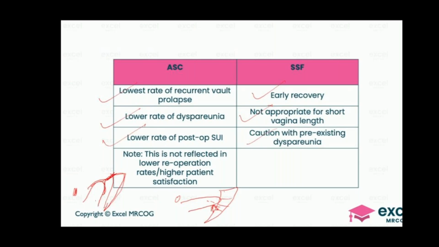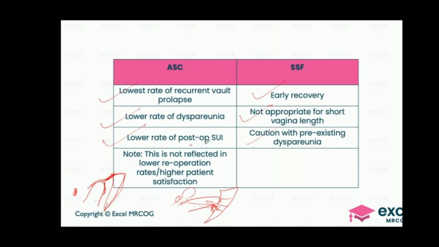What happens here is because it is going this way, sexual intercourse may be a bit difficult. Here it is a little better. But here what you're doing, you're putting it right behind. So what can happen is the bladder becomes unsupported here. So here you can have more SUI as compared to here.